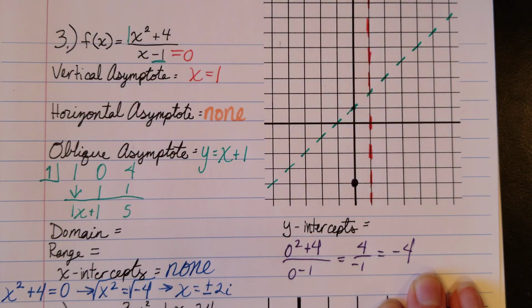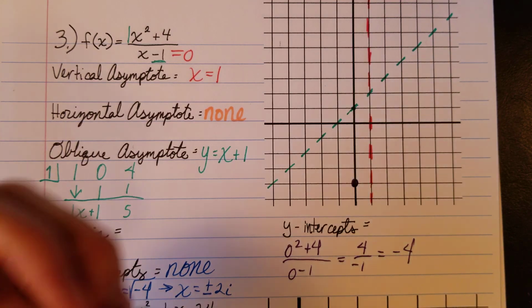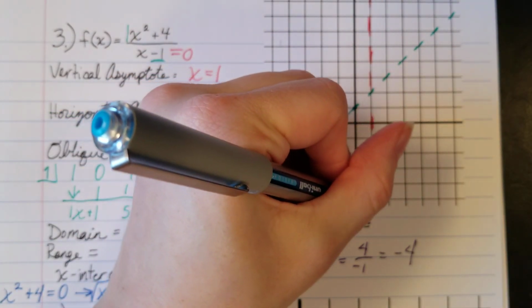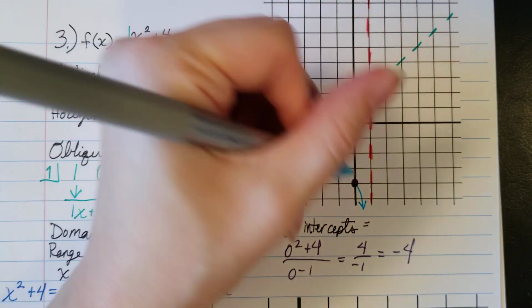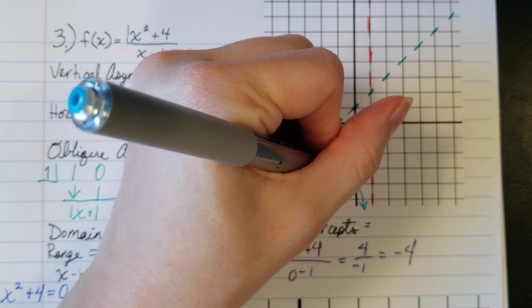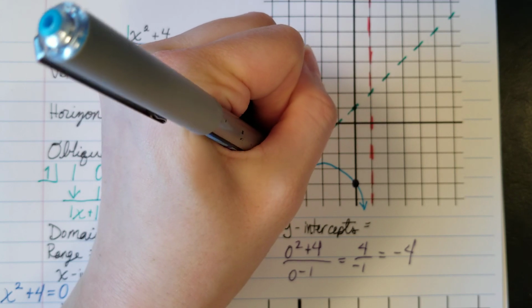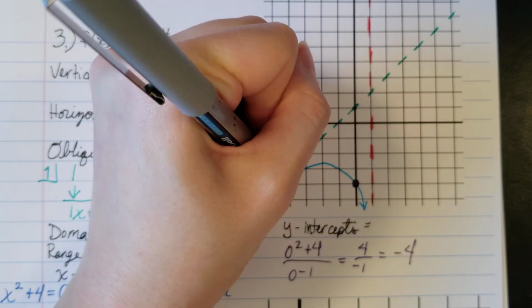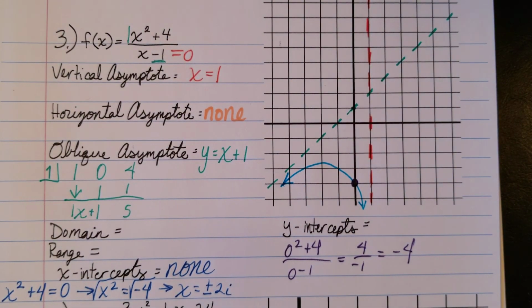It's got to go through that point and follow the asymptotes, and it has no x-intercepts, so it's not going to cross the x-axis at any point in time. We don't know exactly how this goes, but I'm just going to draw something like that.